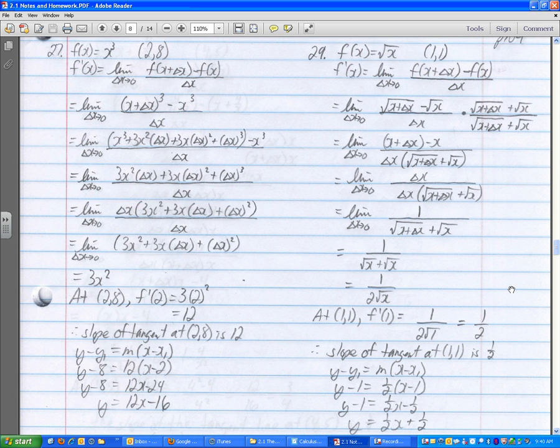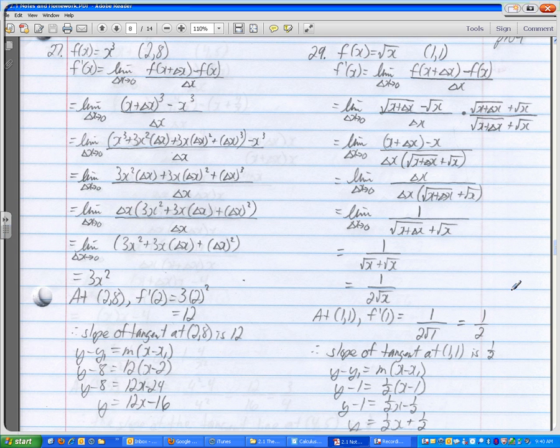Okay? So f of x equals the square root of x, and the point of tangency is 1, 1. By now, you should be getting familiar with that step. And once you've got the definition of derivative down, you don't have to write it every time, but you better have it down.